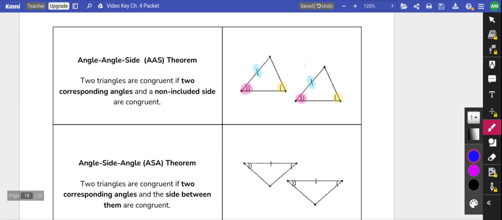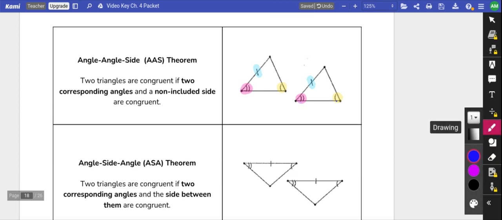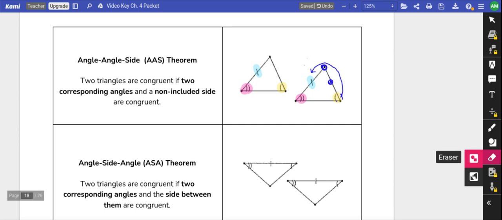So again, when I go around my figure, here's an angle that's being labeled, here's another angle, and here's a side. Now I can't go this direction because I have an angle here. If I go this way, I have to skip both a side and an angle. I can't skip. I have to go to the nearest congruent corresponding part, which in this case is the angle in pink.